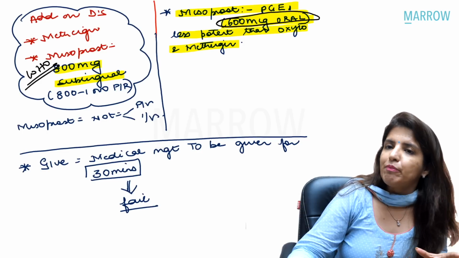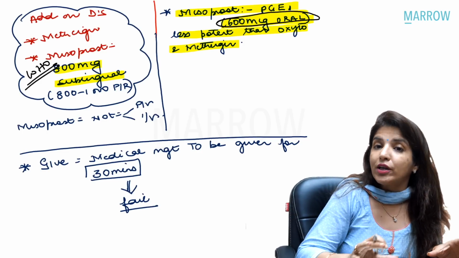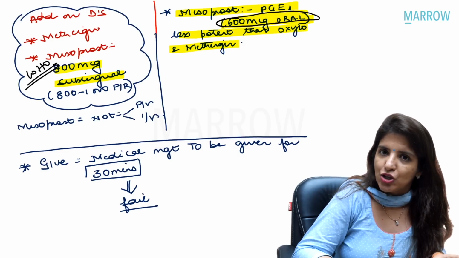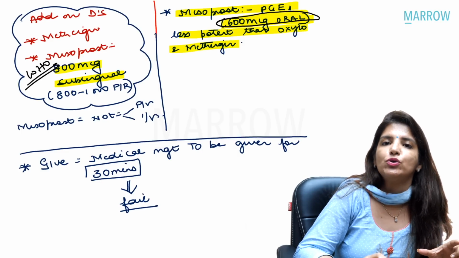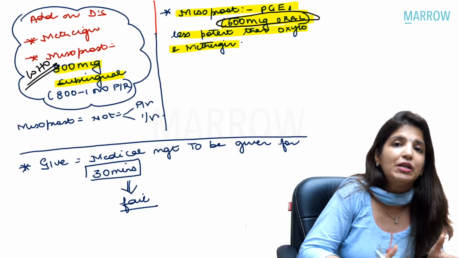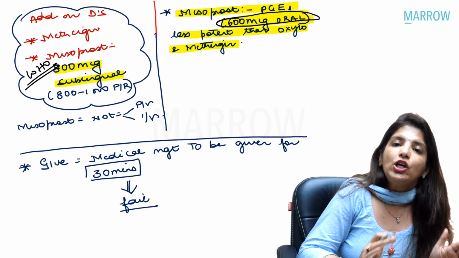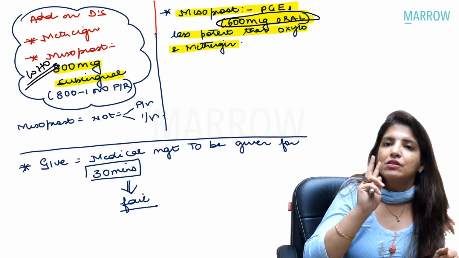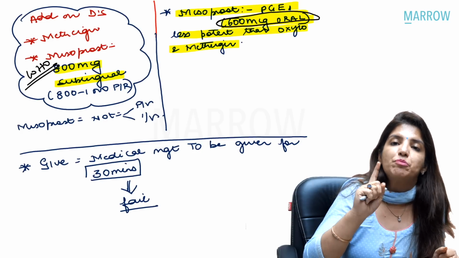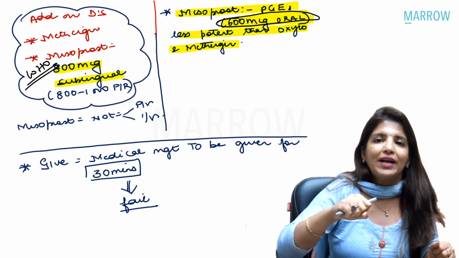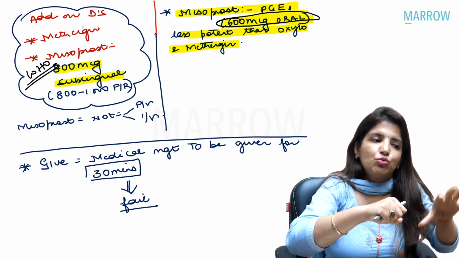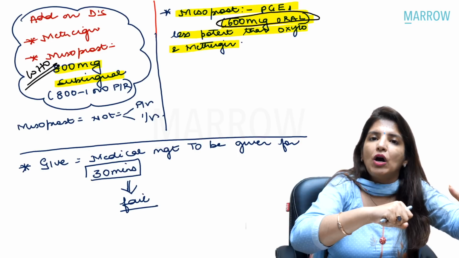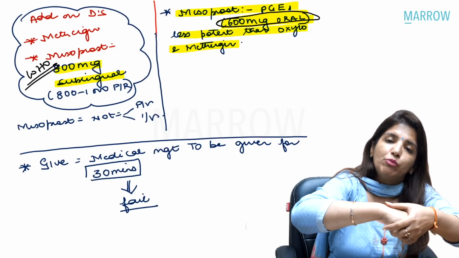Now, when you are treating PPH, if the bleeding is not controlled by medical management, and this medical management you are going to try for 30 minutes, if in 30 minutes the bleeding is not controlled, then you are going to go for mechanical methods. In mechanical methods, there are two methods. One is bimanual compression of the uterus. So one hand will be inside the vagina, one hand behind the uterus per abdominally, and you compress the uterus between both your hands.